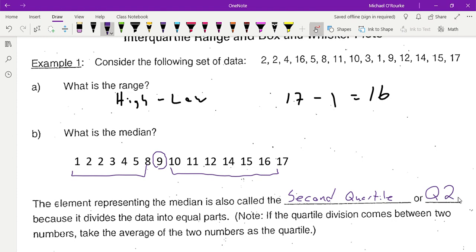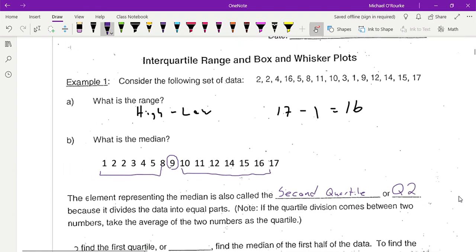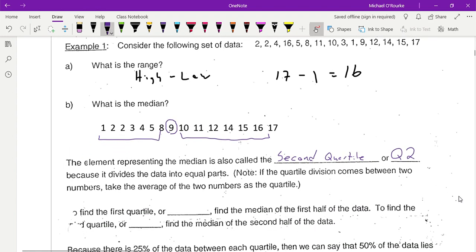Now Q1 would be the end of the first quarter. The median of the whole data is the second quartile.